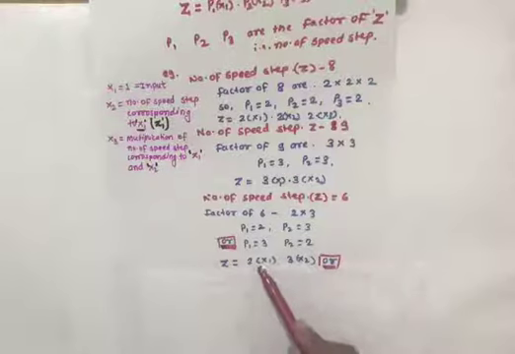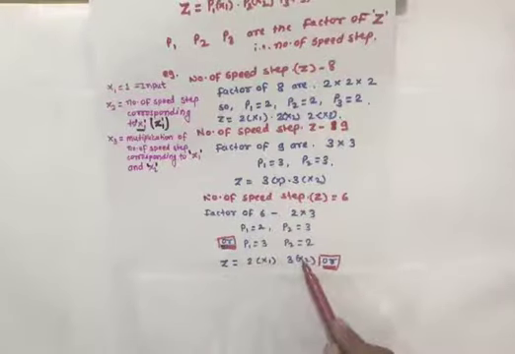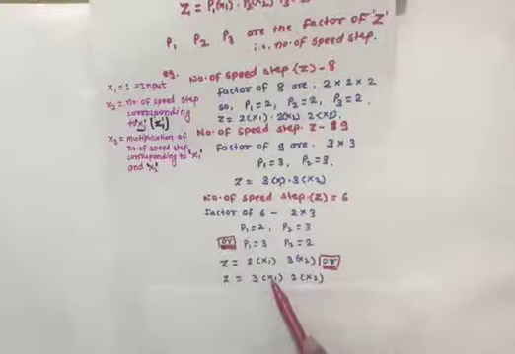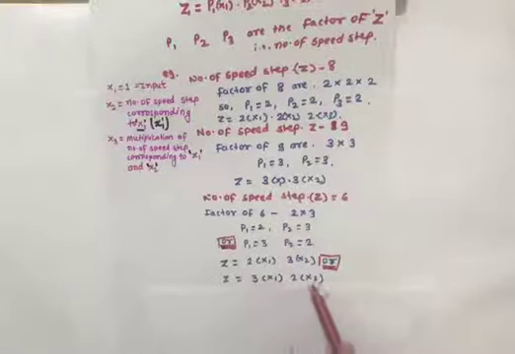Now here x1 will always be 1 and x2 is the speed step corresponding to x1, which is 2, so x2 becomes 2. Or the second formula is when Z is equal to 3x1, 2x2. Now x1 is always 1, and the speed step corresponding to x1 is 3, so x2 becomes 3.